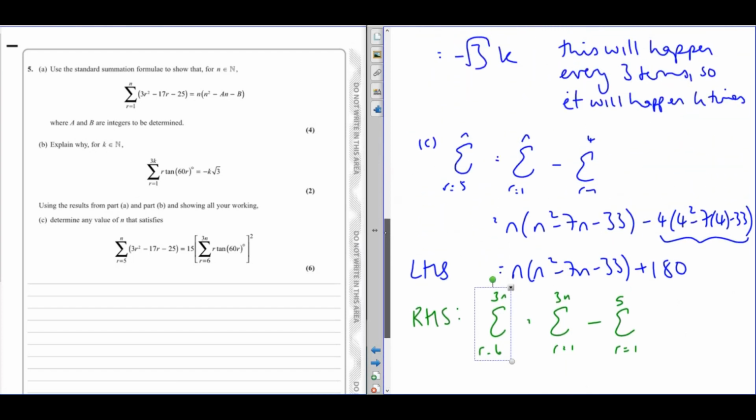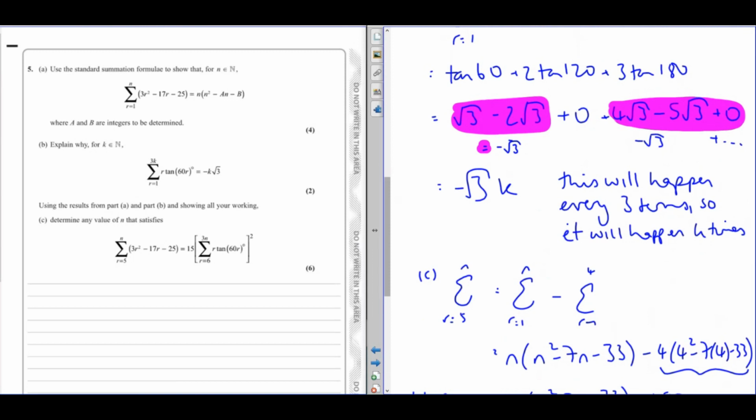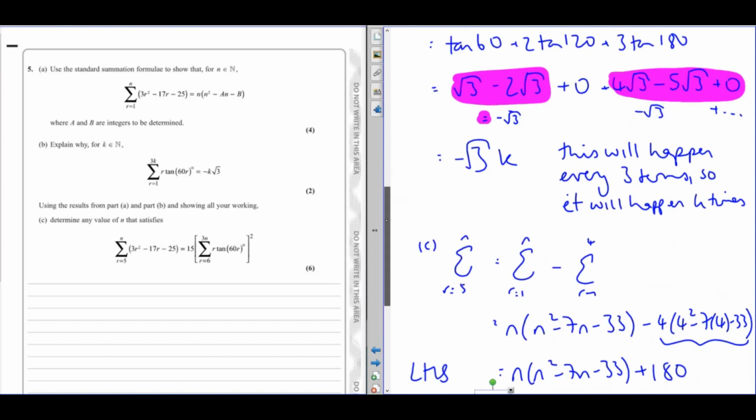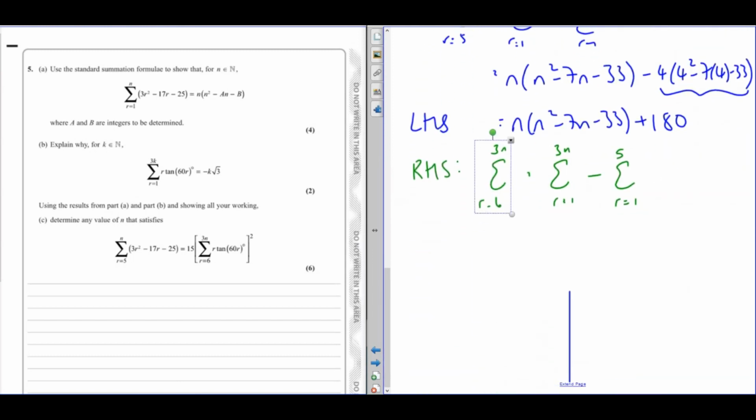Now we've written out the first 5 terms up here, to be honest. The first 5 terms here, you'll get minus root 3 from the first 2, then a 0, then another minus root 3. So this is minus 2 root 3. And this is minus k root 3. Sorry, minus n root 3 rather than k.